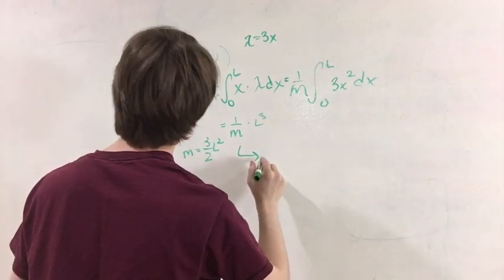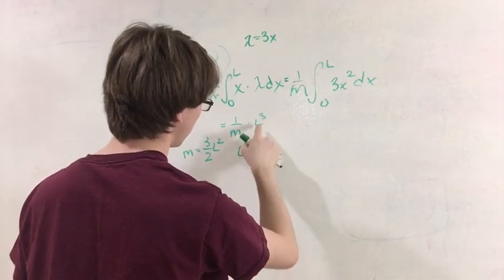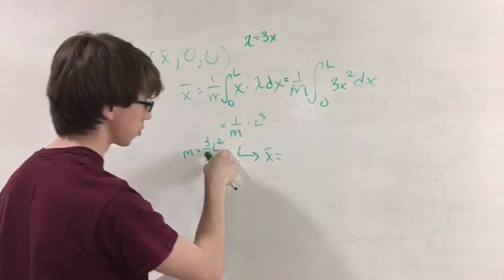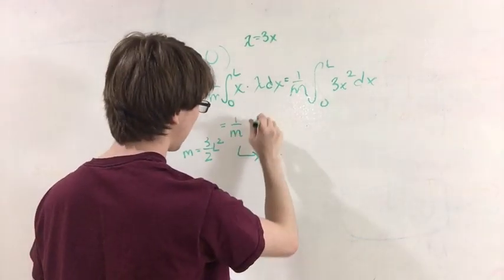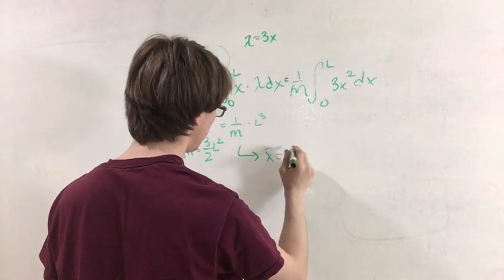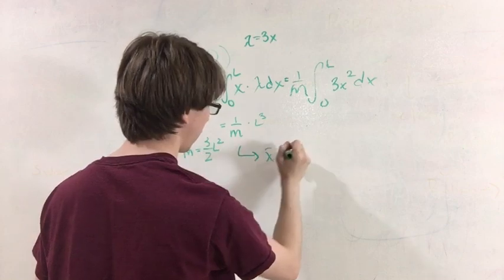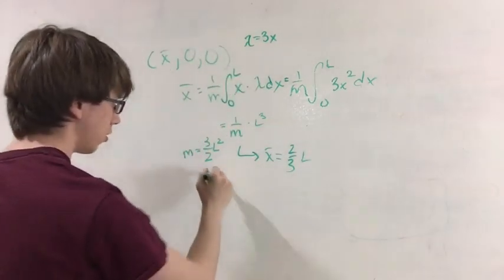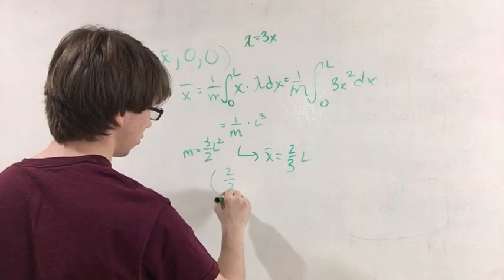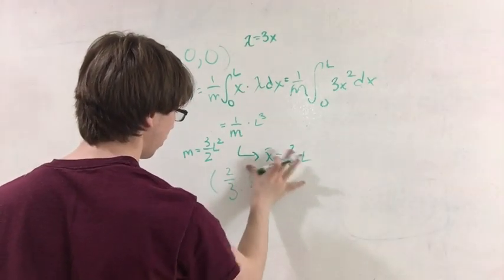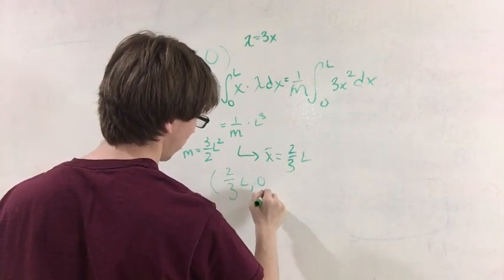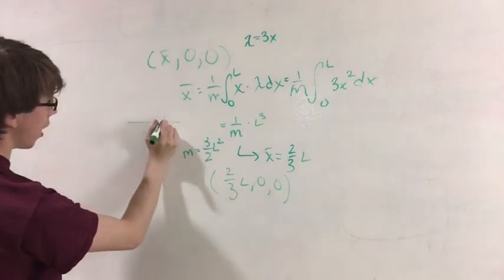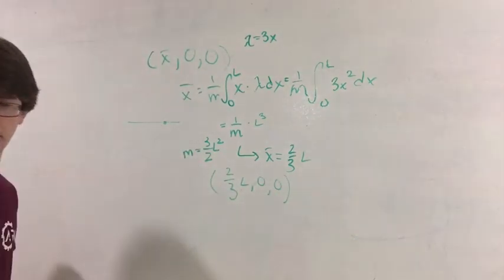So what you get is x bar is going to be equal to L cubed over 3 over 2 L squared. So easily that L cubed becomes L, and then you multiply by 2 over 3, so you get 2 over 3 L. So your center of mass is 2 over 3 L, 0, 0. So on the line, it would be 2/3 of the way there.